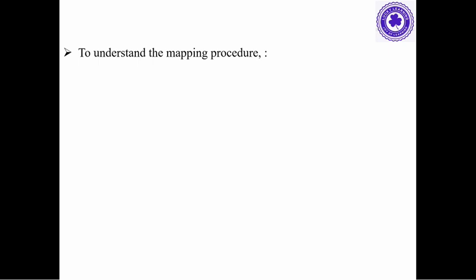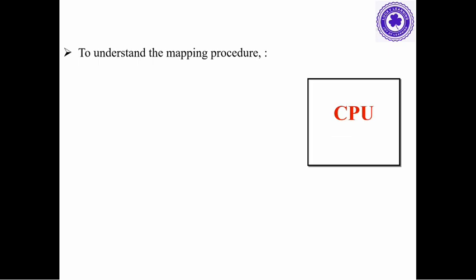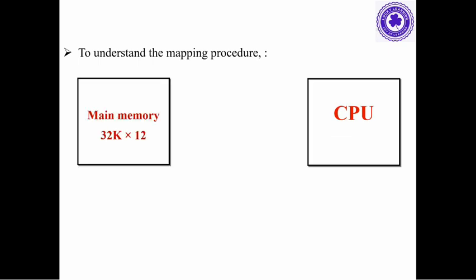Before we start, we'll make some simple assumptions about main memory and cache memory. With these numbers, we are going to understand those techniques. We know that the CPU makes a reference to main memory. Assume we have a main memory of 32K words, each word is 12 bits. 32K is equal to 2 to the power of 15.